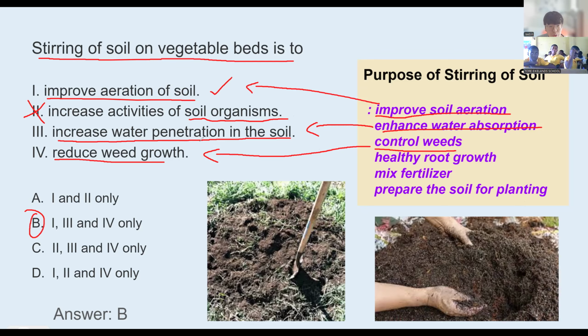Stirring the soil can actually inhibit, not increase but reduce, the activities of soil organisms. So the answer is B, which has 1, 3, and 4 only.